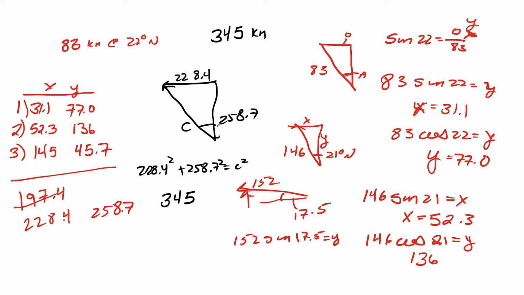Now I'm looking for this angle, so it's somewhat west of north. So the tangent is going to be opposite over adjacent. It's going to give me a value. So tangent, parentheses, opposite is 228.4, and divide by 258.7.